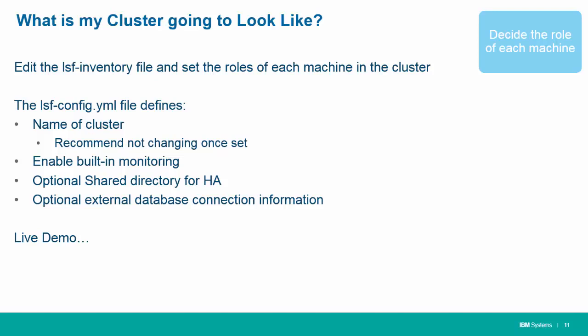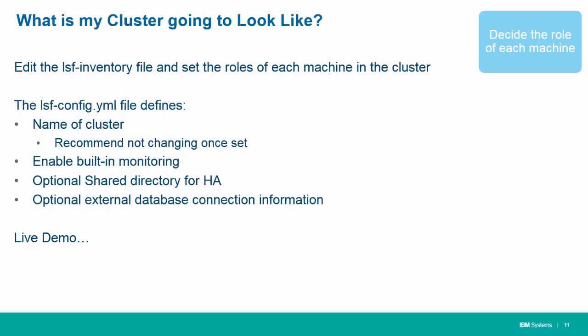You'll also want to decide whether you want to use our built-in monitoring or not. You can optionally provide the shared directory for HA. You can do that initially or at some point in the future. And you can optionally define an external database.